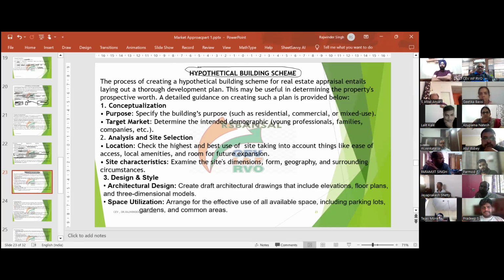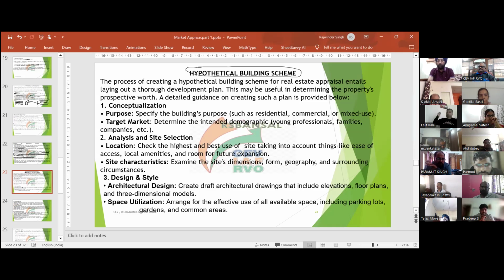We will assume that we will demolish the existing building and we will construct a new commercial building there. Then from that commercial building, we will do reverse calculation: if there is outright sale, then at what price each unit will be sold, or if it will be an income fetching property, then what rent we will be getting, and then from that net rent we will calculate the value.